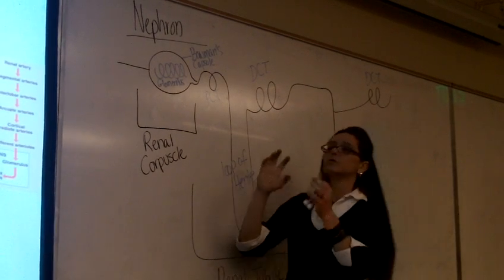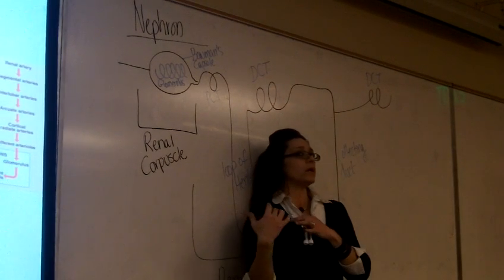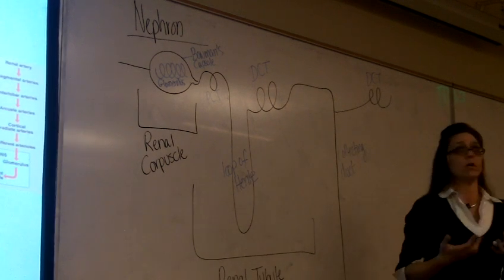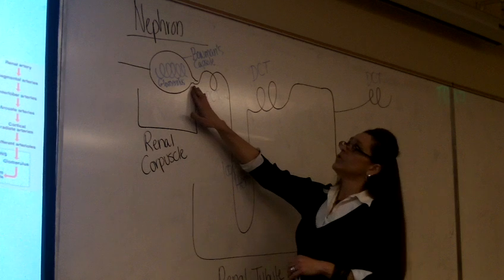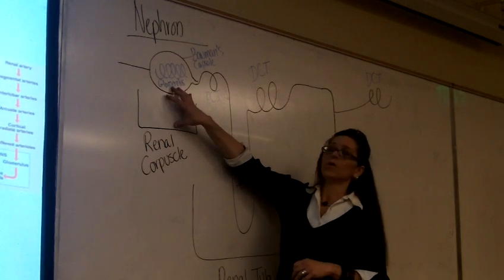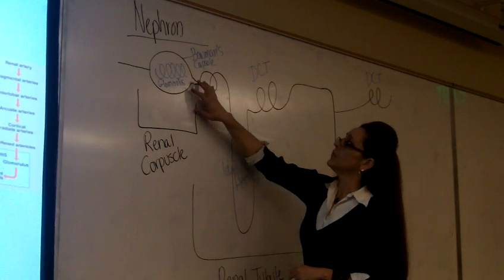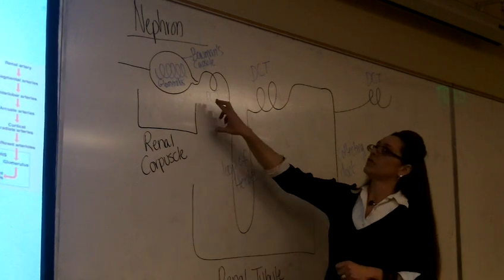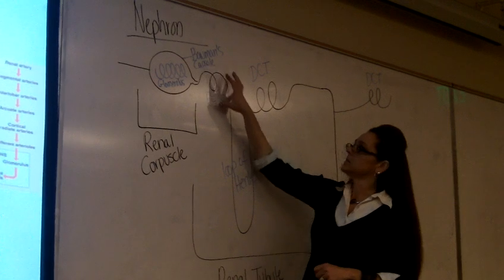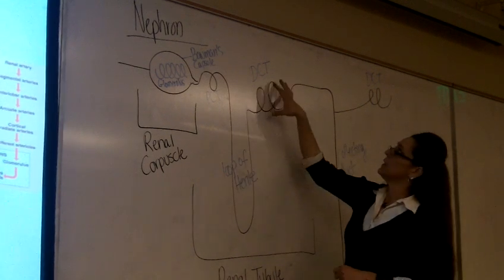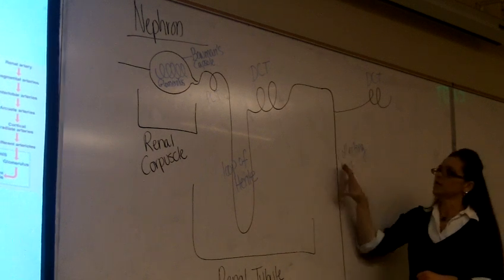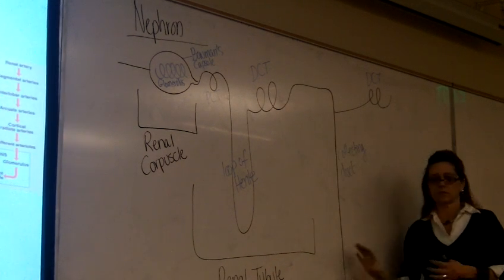And we're going to produce a filtrate, a fluid that's mostly water, but with a bunch of stuff in that water. Okay? That filtrate then is going to leave the corpuscle and start traveling through the tubule. So that filtrate's going to go through the PCT, the loop of Henle, the DCT, and then drain into the collecting ducts.